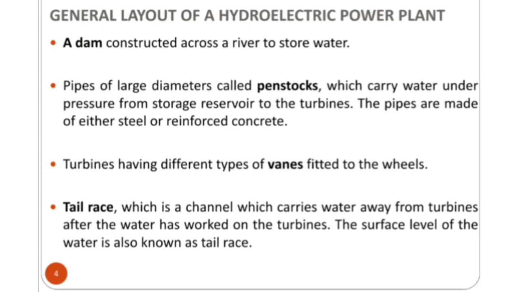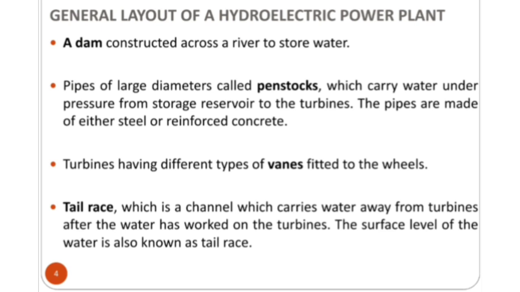So usually a hydroelectric power plant consists of a dam. So usually a dam is constructed across the flow of water or across a river or any other forms of flow. So it will create a reservoir on the upstream side of the dam. So it will have the head on the upstream side of the dam, that is nothing but reservoir.